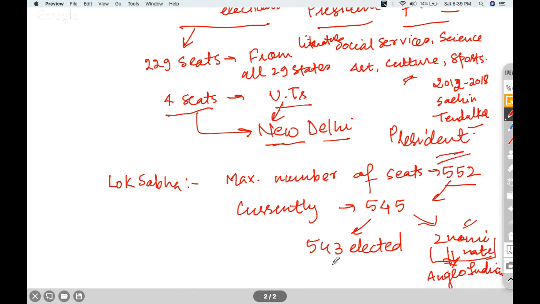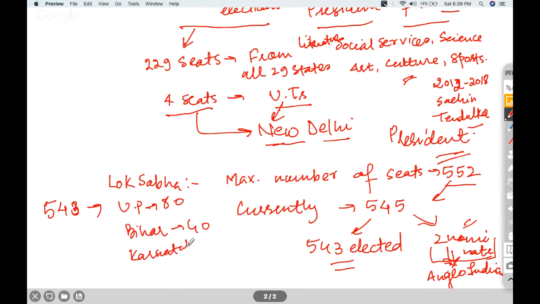So 543 seats are there. Now these 543 seats have been divided into different states. Like in UP we have 80 seats, Bihar 40 seats, MP 29 seats. In other states, Telangana 14, I think, Maharashtra 48.